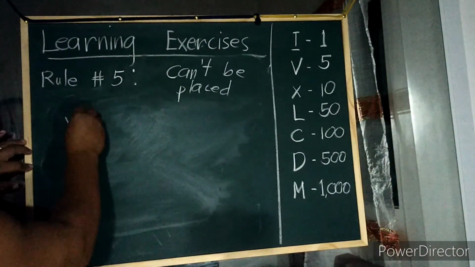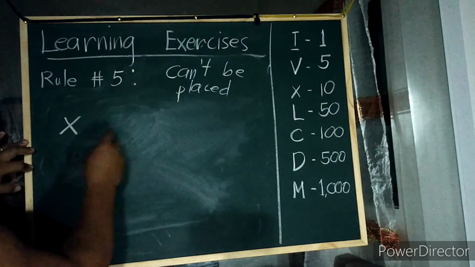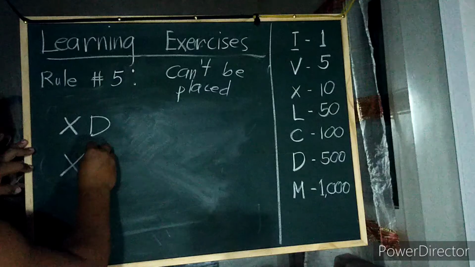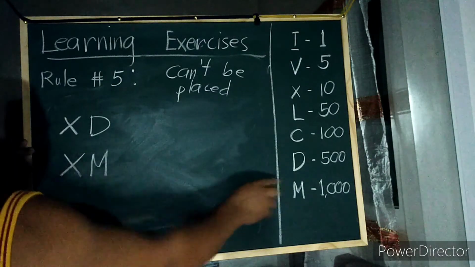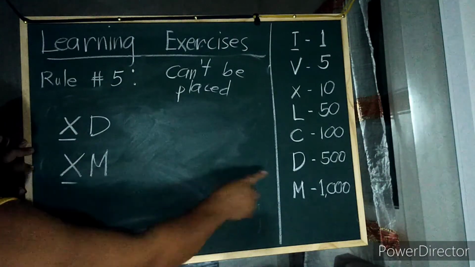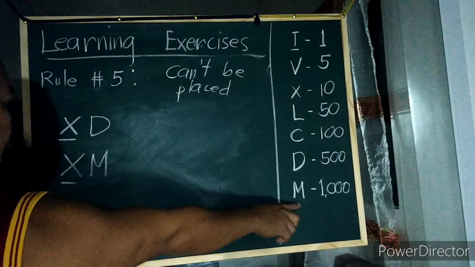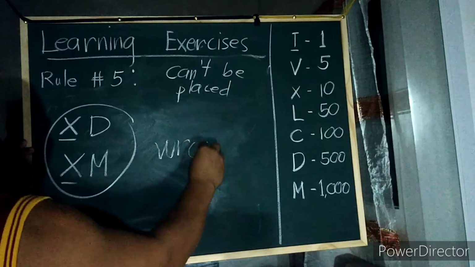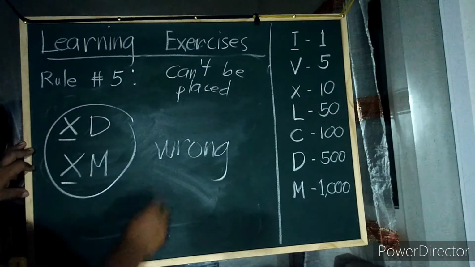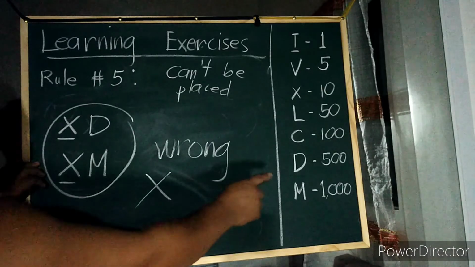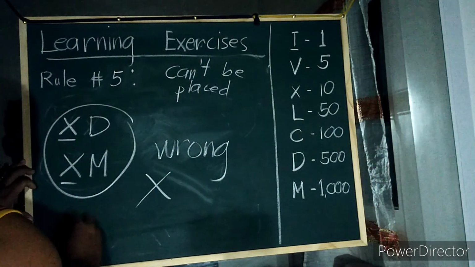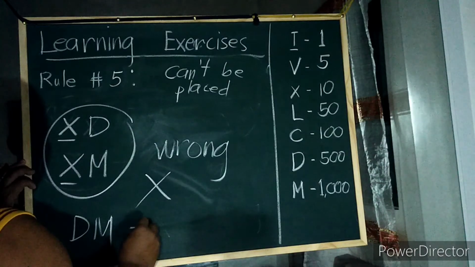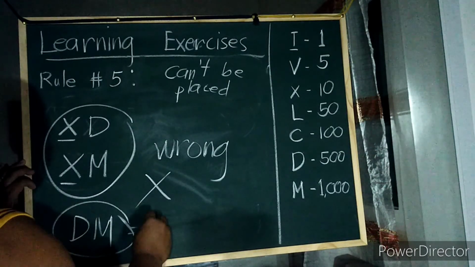The letter X cannot be written before letter D and M. These are considered wrong. Lastly, the letter D cannot be written before letter M. This is wrong.